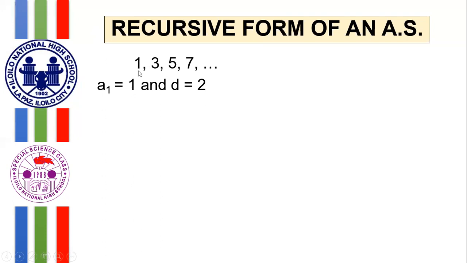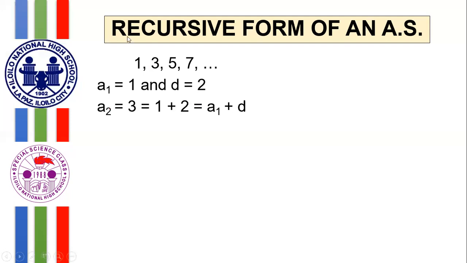How come? 3 minus 1 is 2. 5 minus 3 is 2. 7 minus 5 is also 2. So your common difference here is 2. Note as well that since your sequence is increasing from left to right, your common difference has to be positive.